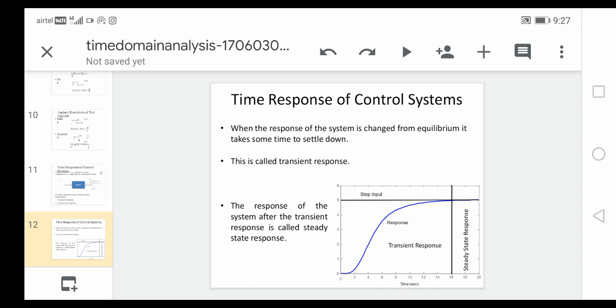When the system is moved from equilibrium, it takes some time to settle down. This is called the transient response.